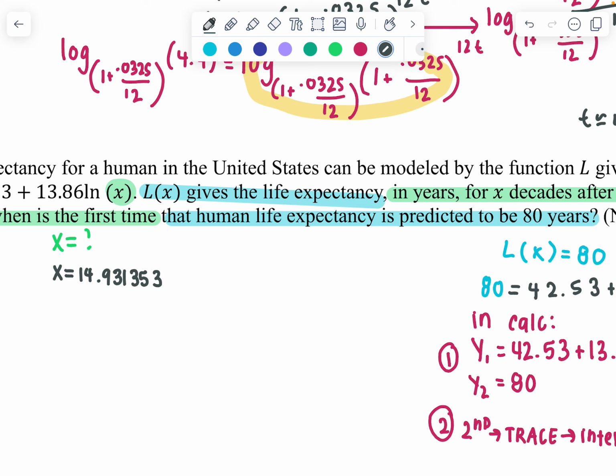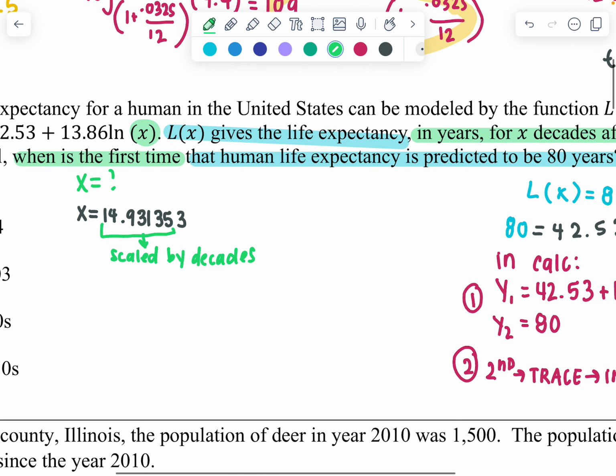But how is x being measured? It's being measured in decades. So if we want to figure out how long after 1900 we had a life expectancy of 80 years, we're going to take our 1900 plus that amount we found.